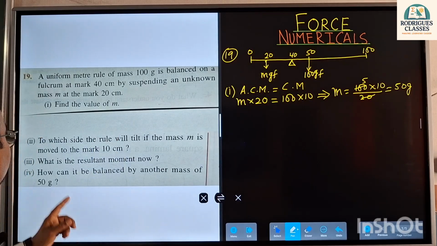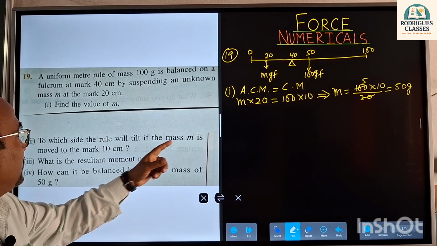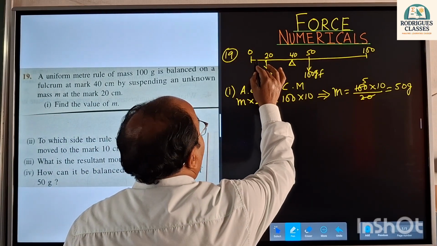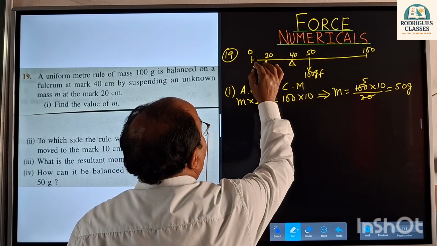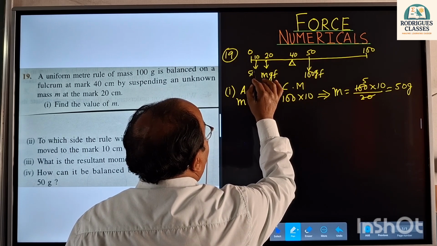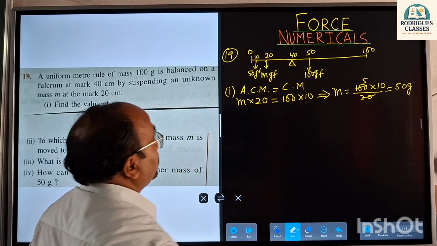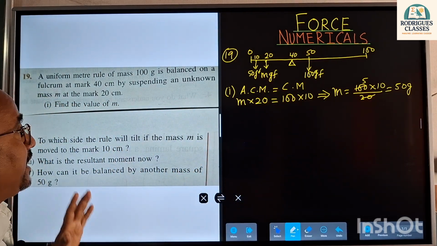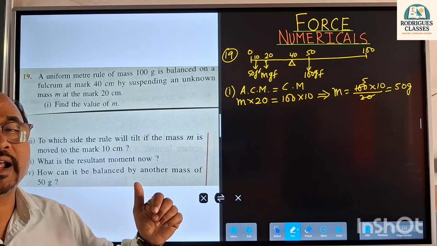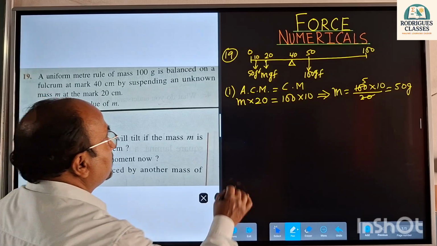First part is done. To which side will the rule tilt if the mass m is moved to the 10 centimeter mark? So in the diagram, further part written here at 10, this mass we have got is 50 gram. So 50 gf is put here. So which side will it tilt? For that we should know the clockwise moment and the anti-clockwise moment.